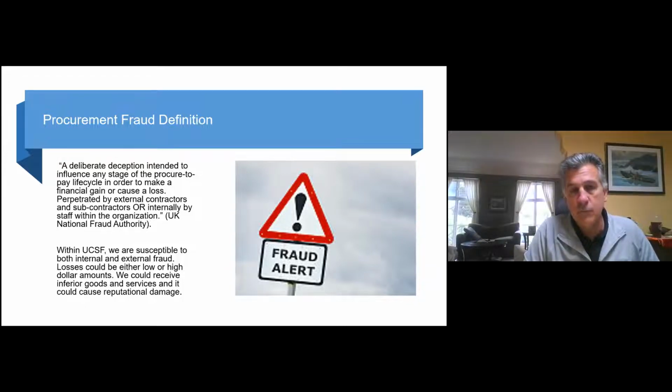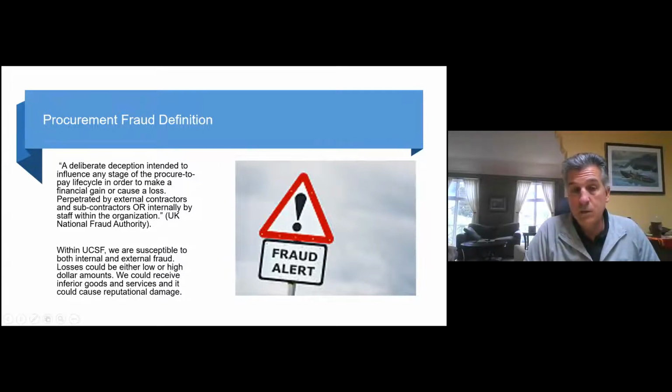Just to start off, a quick definition of procurement fraud from our friends at the National UK Fraud Authority. Procurement fraud is a deliberate deception intended to influence any stage of the procure to pay life cycle in order to make a financial gain or a loss. It could be perpetrated by external contractors or subcontractors, or internally by staff within the organization.